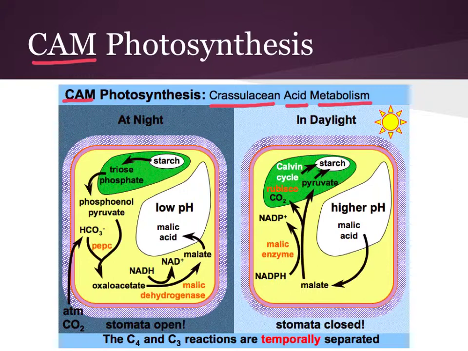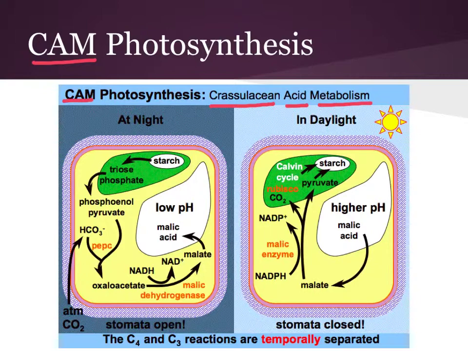The mesophyll cells are performing the light reactions, and the bundle sheath cells are performing the Calvin cycle. Something similar happens in CAM photosynthesis, except instead of separating the Calvin cycle into a separate cell, what CAM plants do is they separate the Calvin cycle into different times of the day.